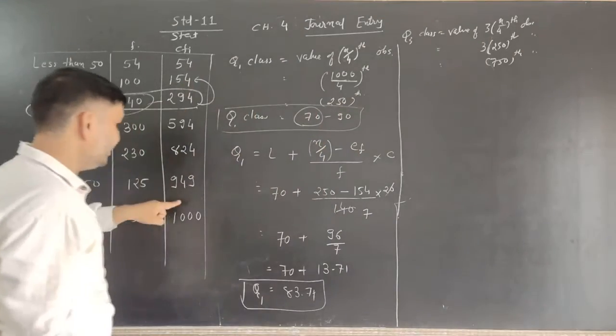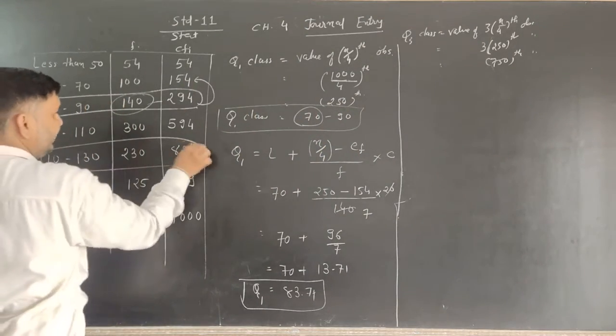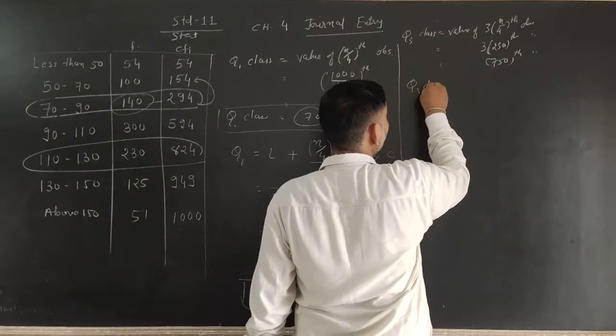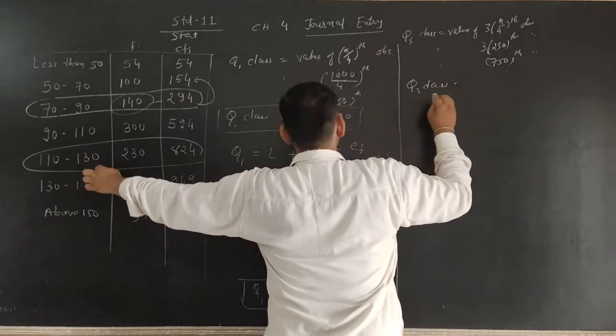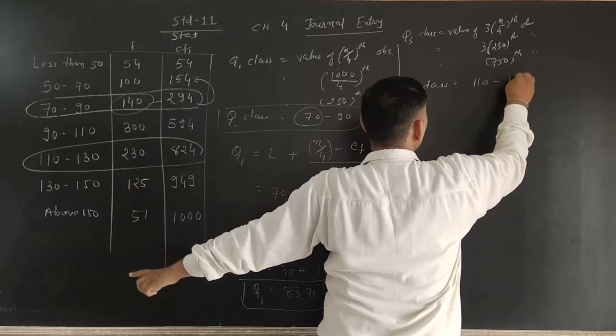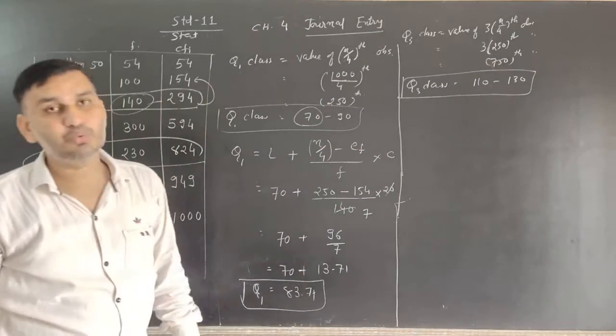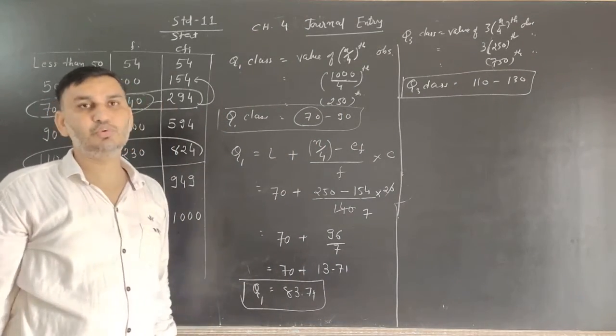Seeing in the CFi, 750 lies in the class 110 to 130. That is why the Q3 class is 110 to 130.